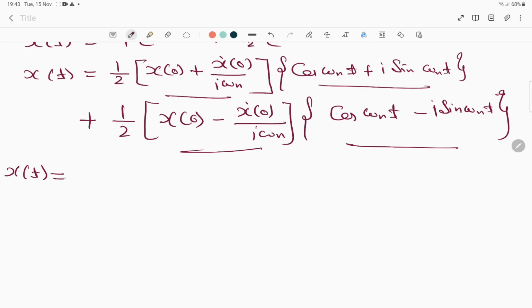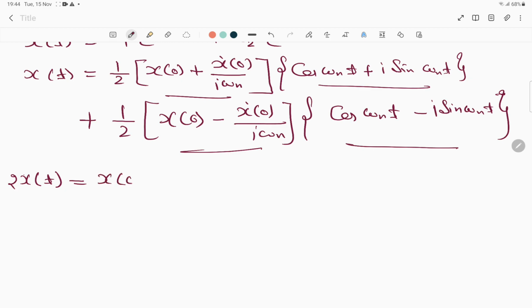And so let us take half outside. So let's say 2 of x of t, because I don't want to write half everywhere, and it is anyway there in both the places. So let me write 2 of x of t, so that I will multiply later, and then I will simply multiply the remaining terms.